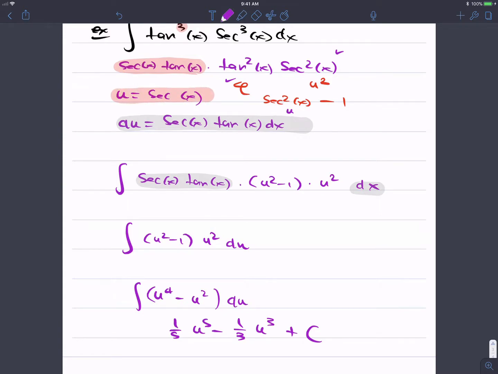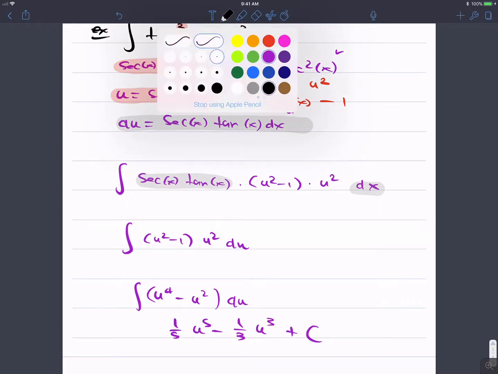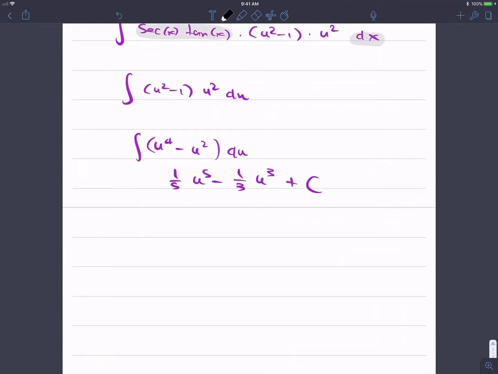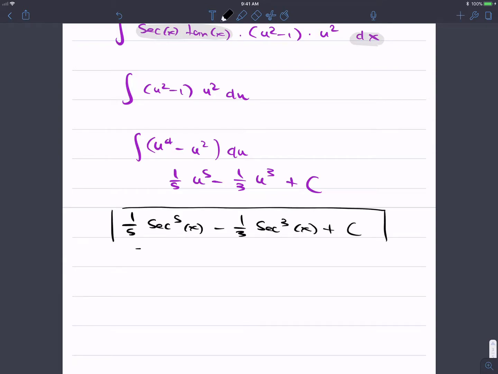So replace a secant wherever there's a u now. Final answer: 1/5 secant to the 5th x minus 1/3 secant cubed x plus that constant c. There you go.